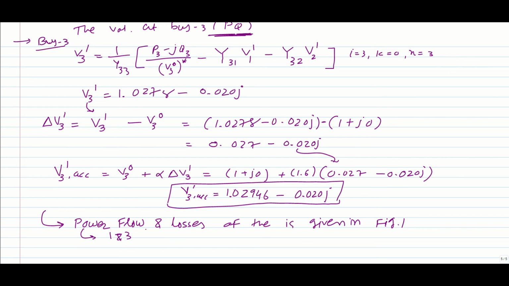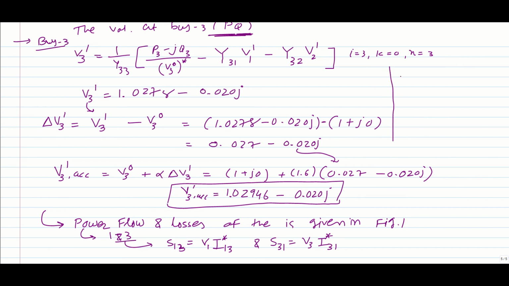Using the equation S13, which is equal to V1 into I13 star, and for power flow from 3 to 1 you need to use S31, which is equal to V3 into I31 star.